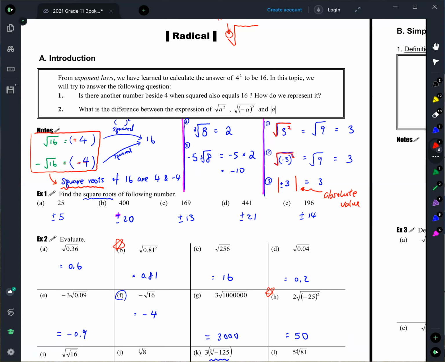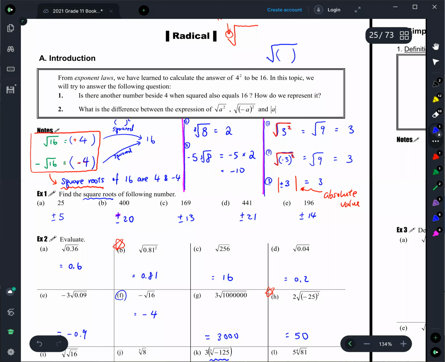So on the very top, because I'm running out of space, I'm going to put it on the top. Whenever you see a square root and square, it doesn't matter what's inside, you can change it to the absolute value of whatever is inside.